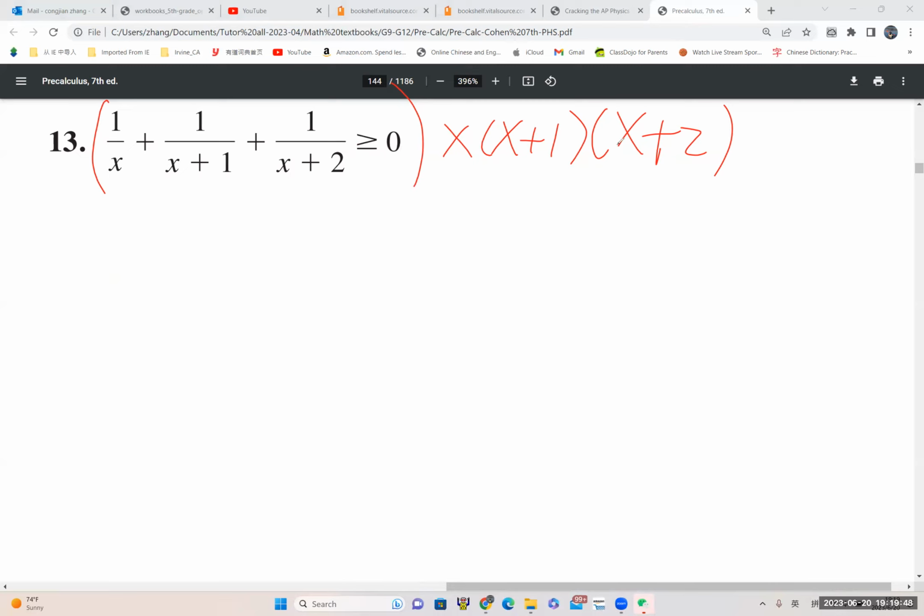First, they are not 0, we are sure, because if this is 0, it means one of the denominators is 0. We can multiply. If they are positive, we just keep the inequality symbol, no need to reverse it. But if it's negative, then we need to reverse. That's the only difference from solving an equation, correct?